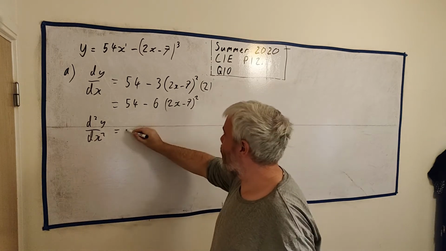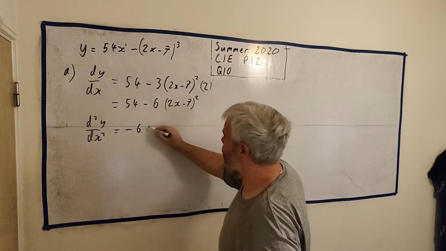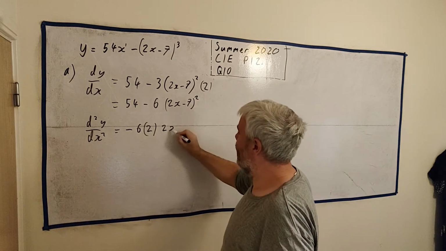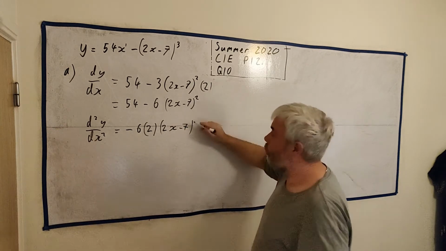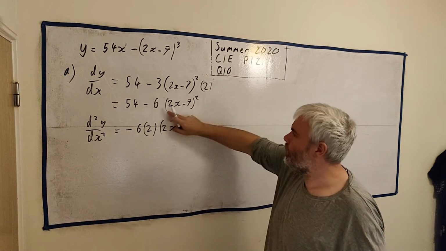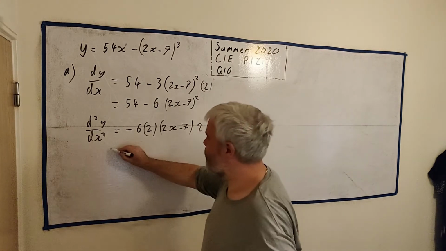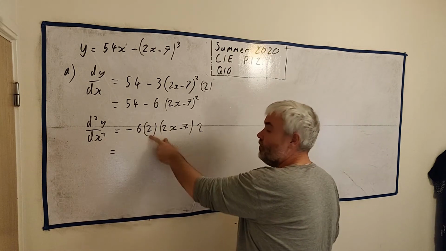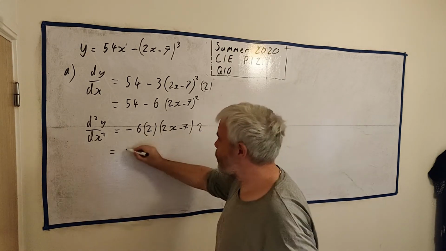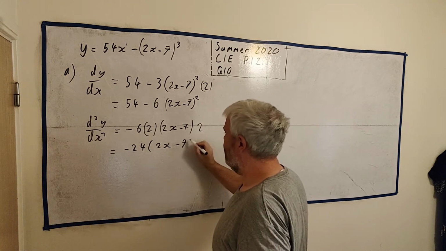The second term then, we have minus 6, and it's a chain rule again: 2 times this bracket, (2x minus 7) to the power of 1 this time, all multiplied by 2 again. Let's clean this up. Let's multiply outside here. 2 times 2 is 4, 4 times 6 is 24, so minus 24 times (2x minus 7).